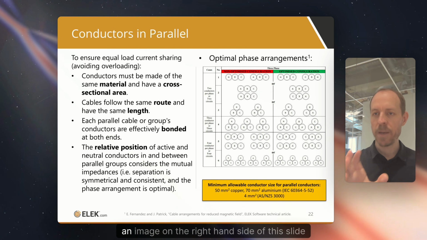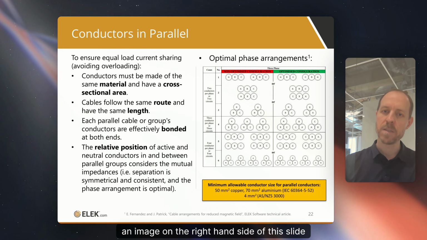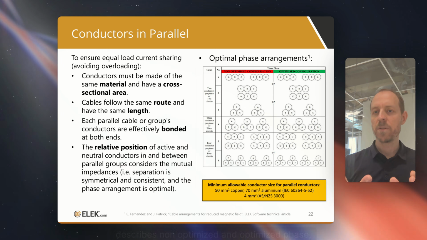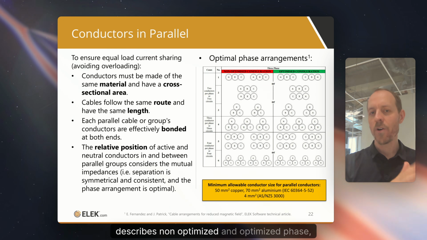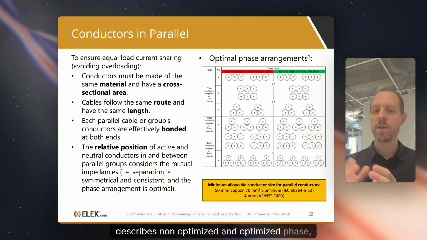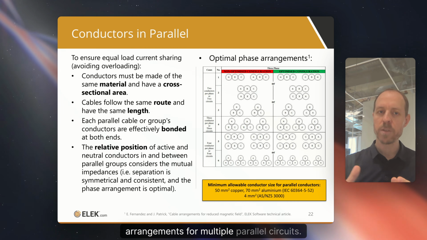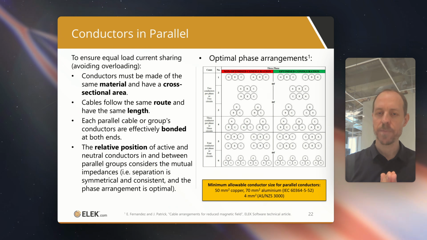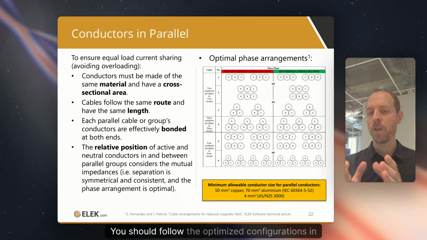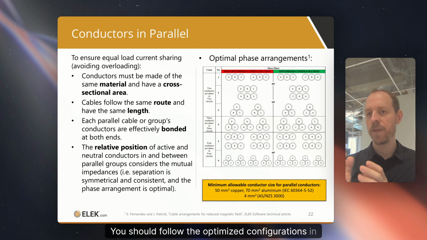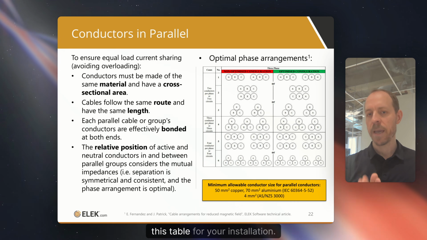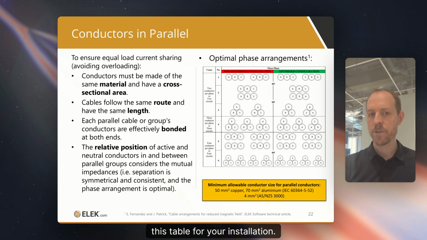There is a table, an image on the right-hand side of this slide, which describes non-optimized and optimized phase arrangements for multiple parallel circuits. You should follow the optimized configurations in this table for your installation.